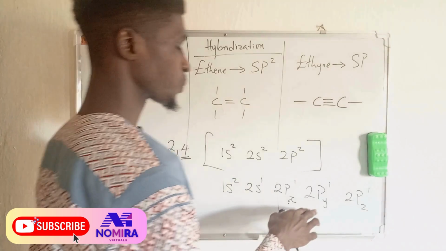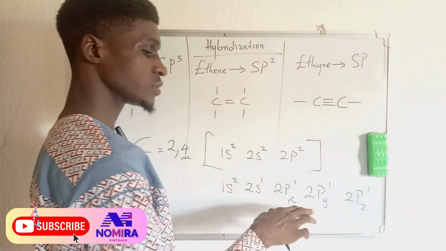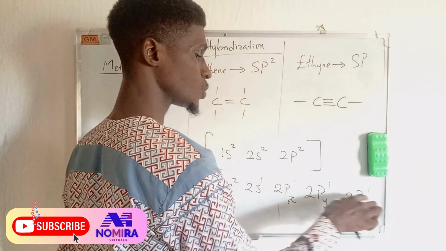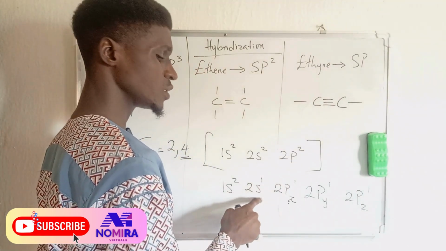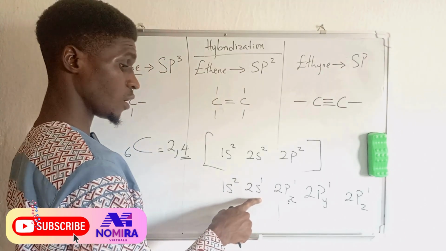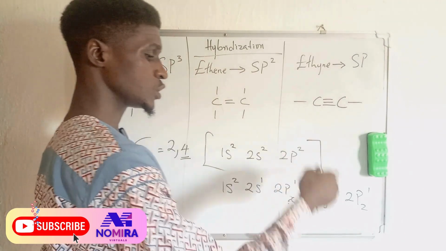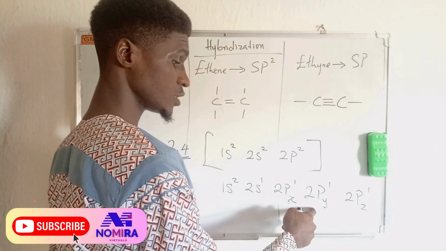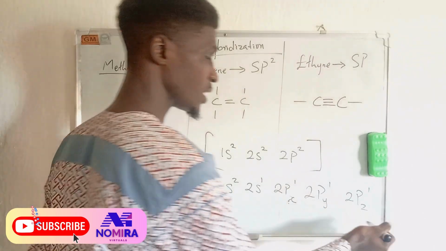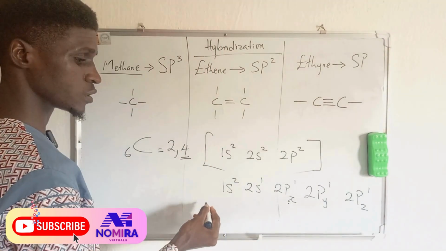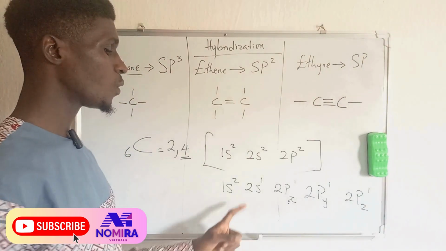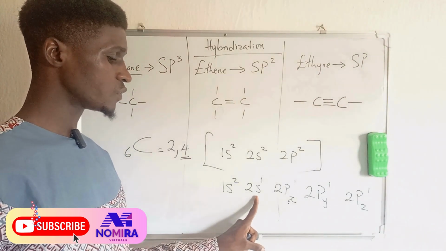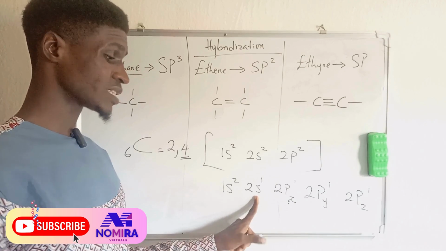It means that at the ground state, it was supposed to be only 2 electrons on this orbital, but since one of these lower energy electrons jumped into a higher energy level, this is the excited state of this configuration.